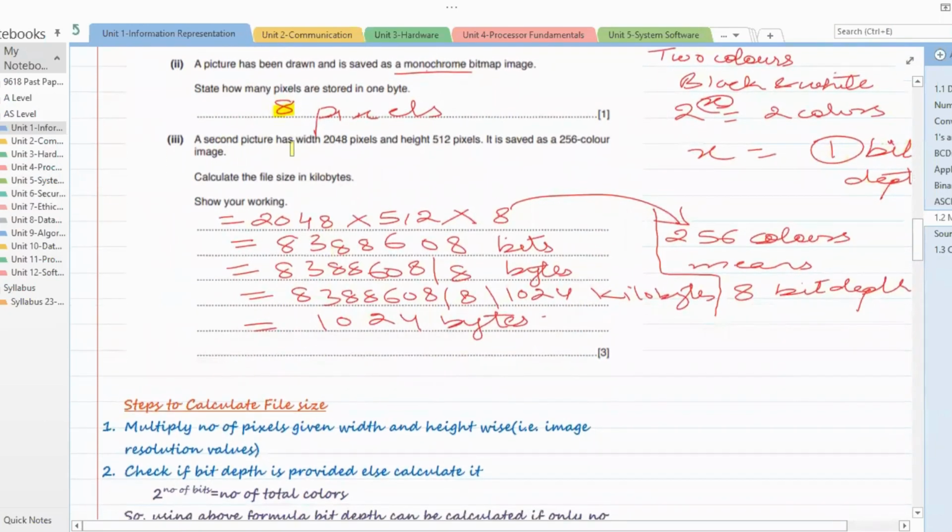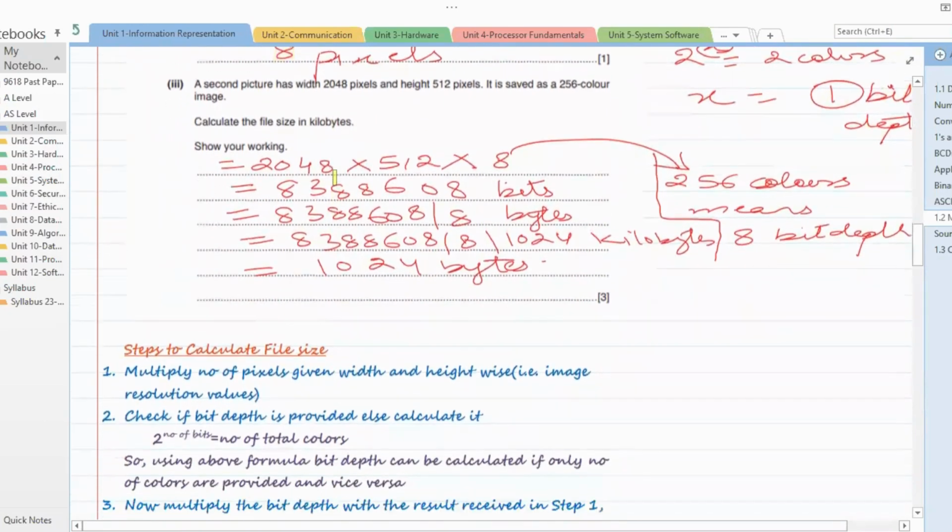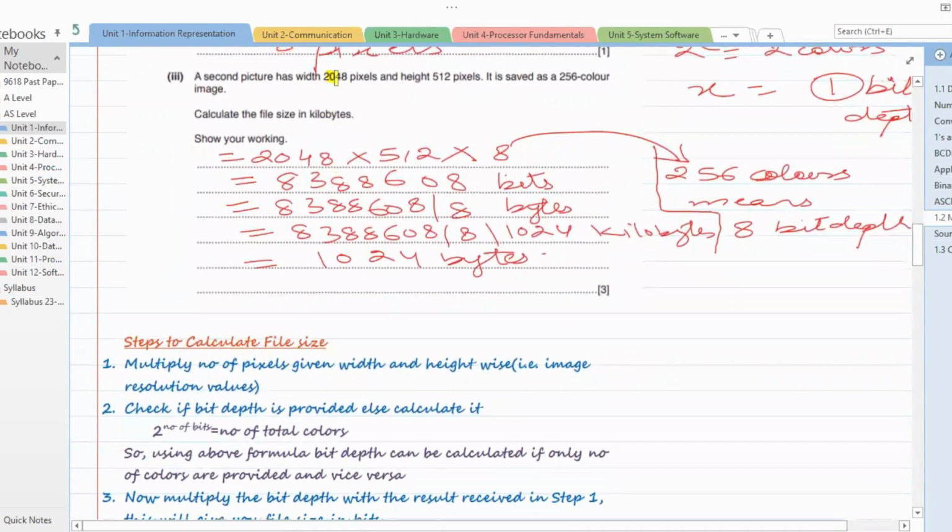The second question is, the second picture has width 2048 and height 512, and it is saved as a 256 color image. Again, they have given you colors, but they have not given you the bit depth or color depth, so you have to calculate the bit depth. If 256 colors are there, then bit depth is 8.